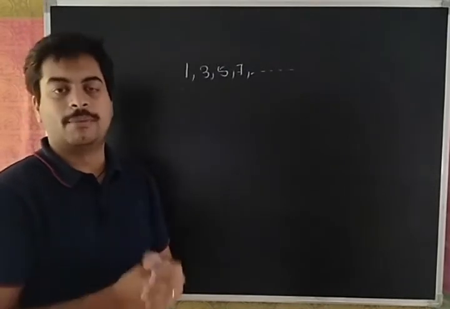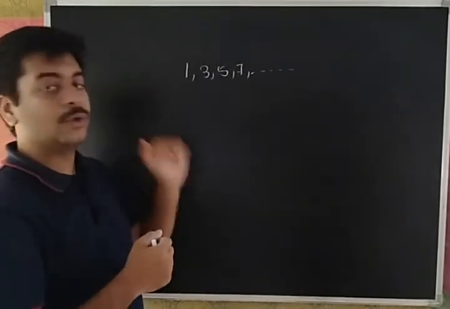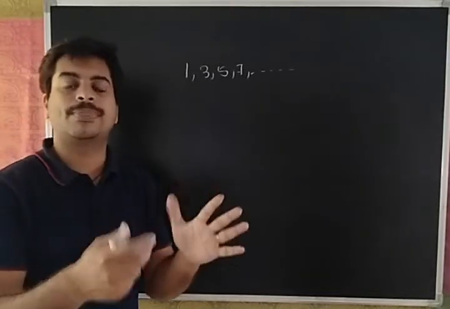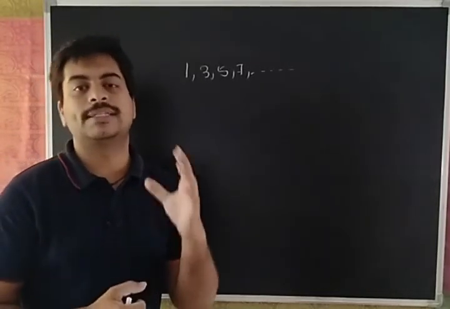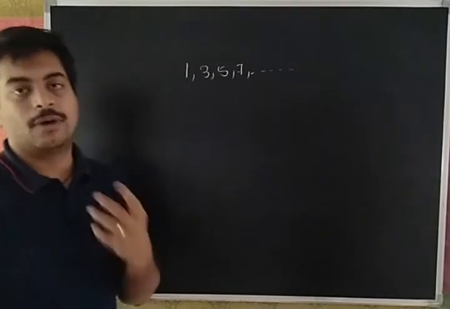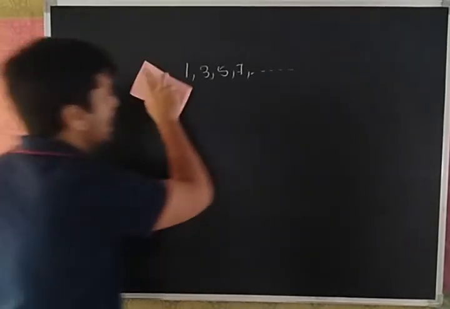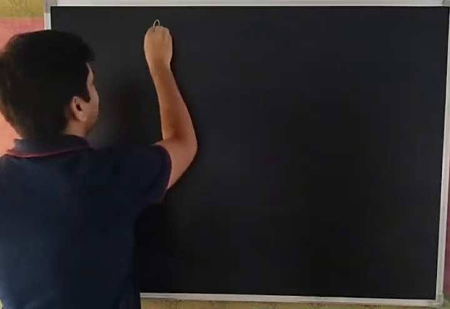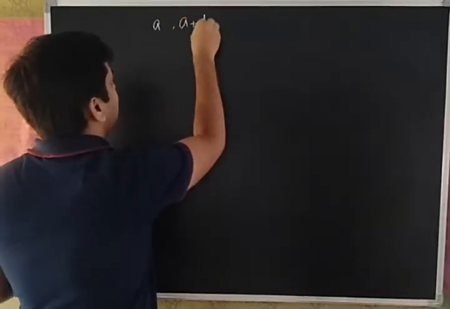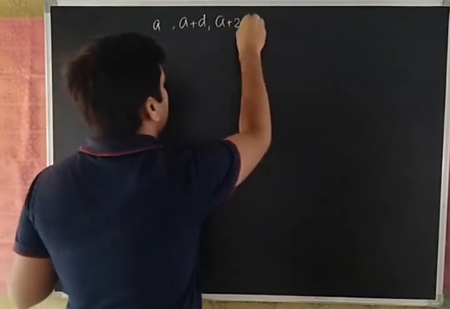But is there any formula we can bring so that we can directly use it for this as well as for any problem? Yes, we have a very simple method to derive the formula. Let us see quickly. Let us take the elements: the first element is A, the next is A plus D, the next is A plus 2D, and so on.